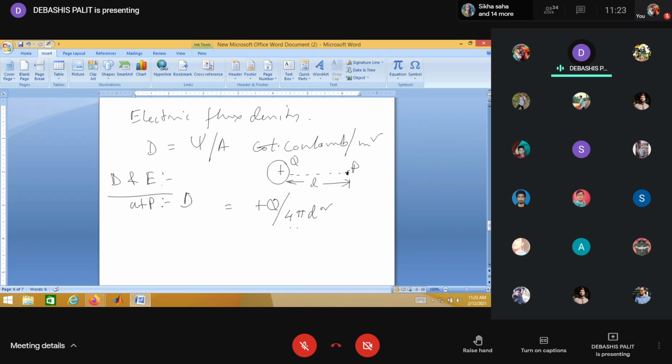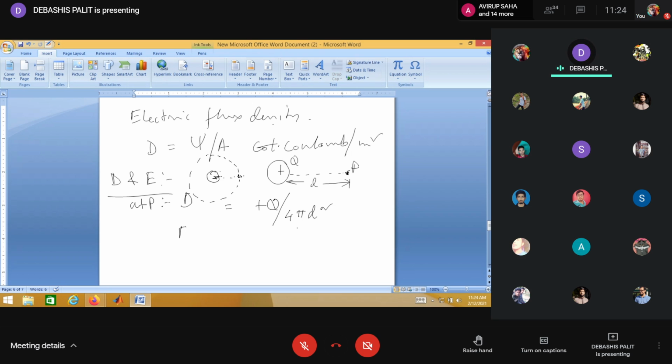If you consider the flux linking is carried out, if there is a charge there, then flux linkage is carried out at d distance. Sorry, d is the radius of the flux path. So here Q by 4 pi d square is the flux density.